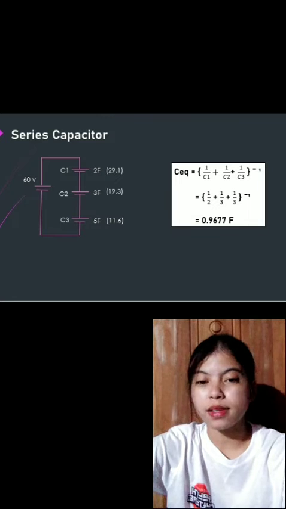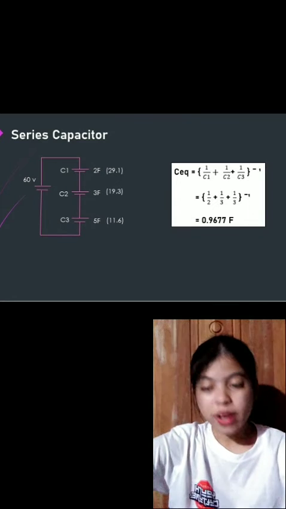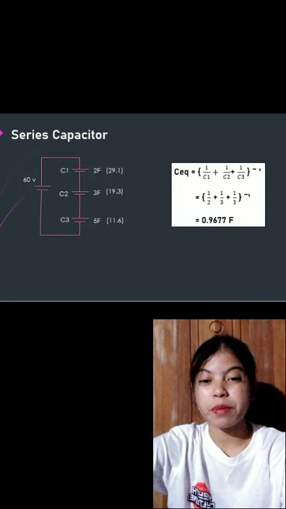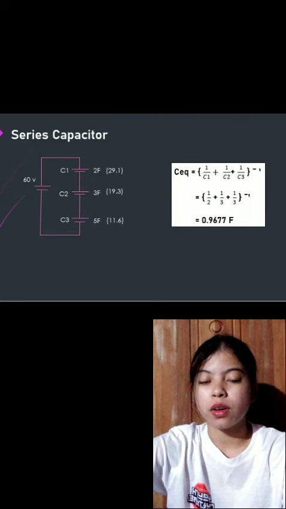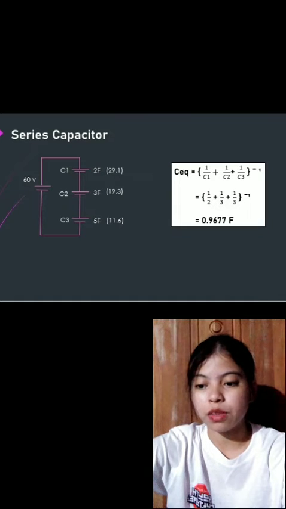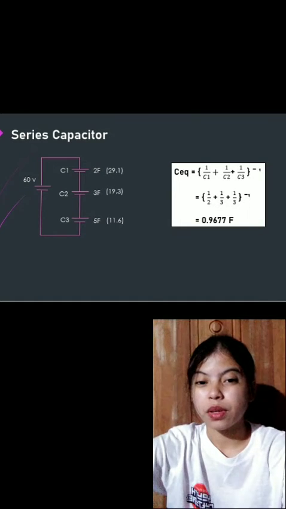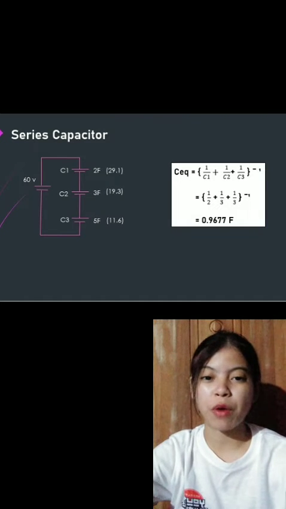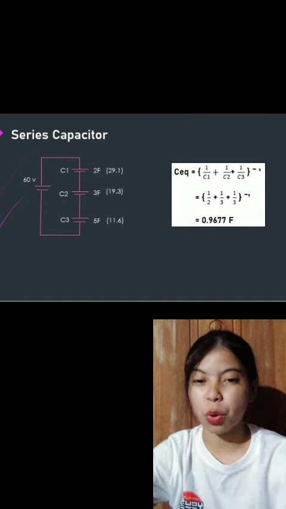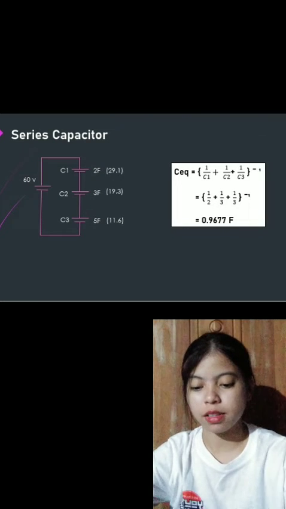CEQ equals 1 over C1 plus 1 over C2 plus 1 over C3, all to the power of negative 1. So equals 1 half plus 1 third plus 1 fifth, to the power of negative 1. The answer is 0.9677 farads.